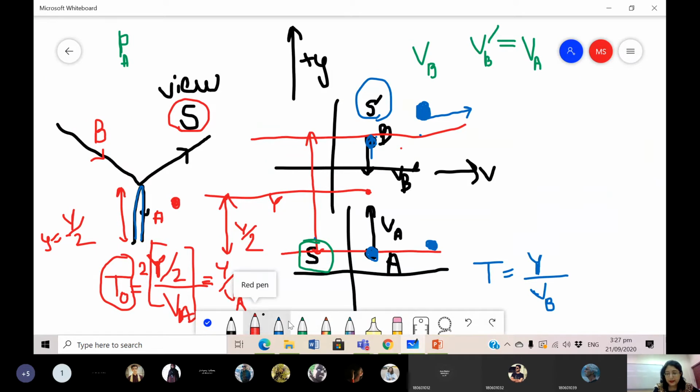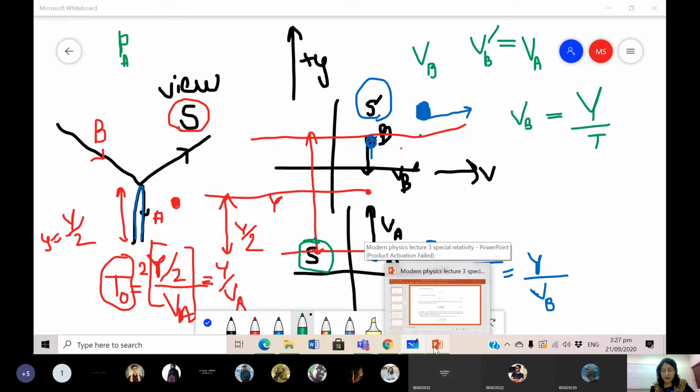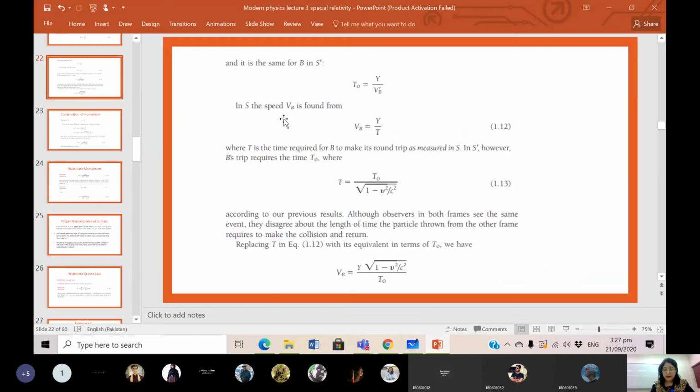So what I'm saying here is that VB, the velocity of B as seen from frame S, is going to be Y divided by T. Is that making sense?